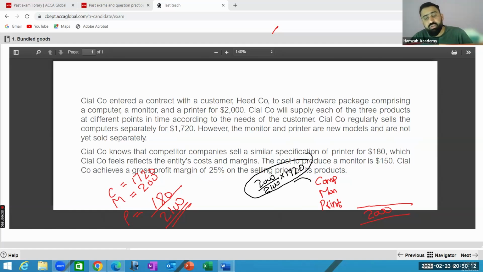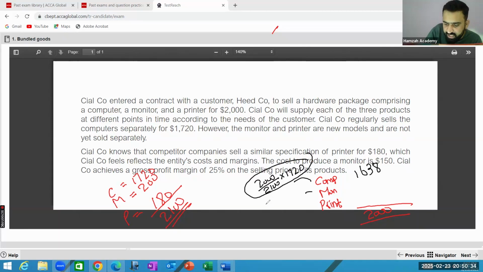Total transaction price divided by total standalone price, multiplied by the individual standalone price of the computer, and you will get 1638. That would be the allocated transaction price of the computer.